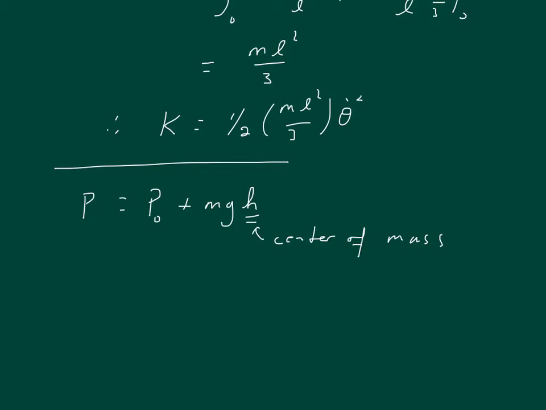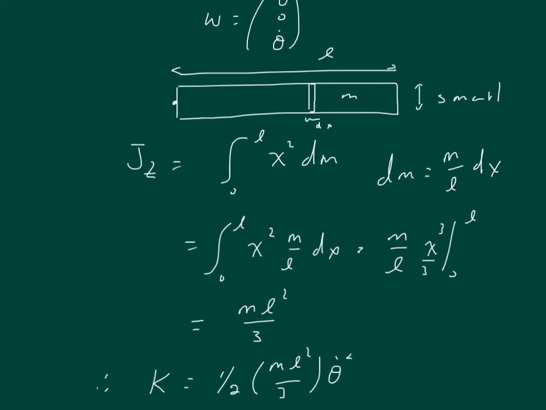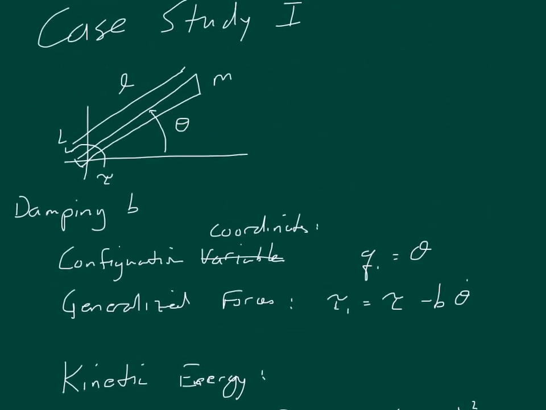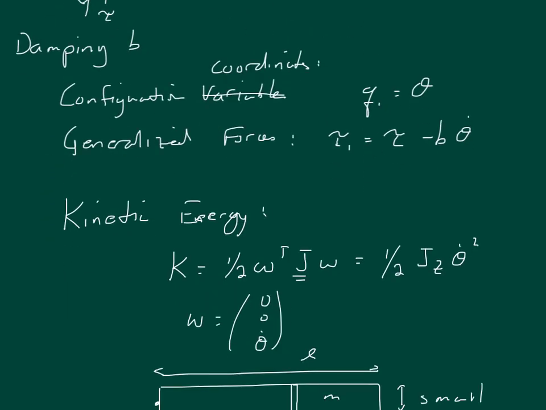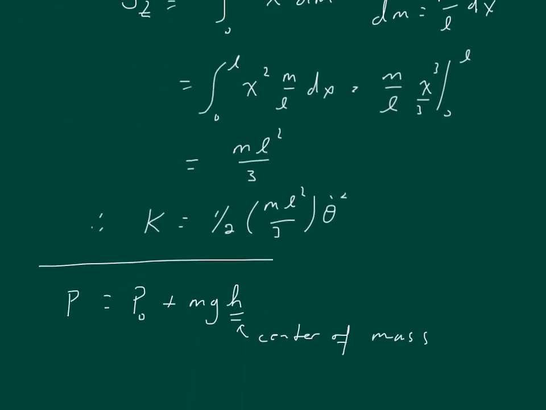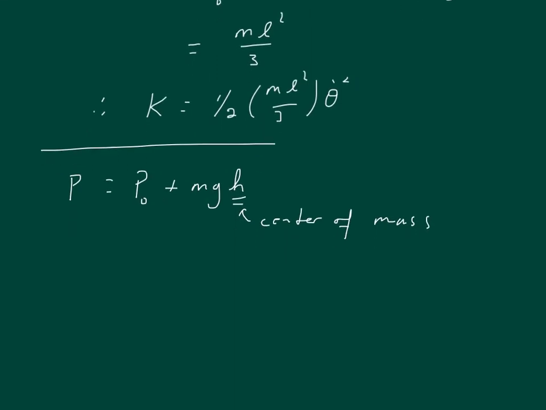And if we go back and look at our little figure here, the height of the center of mass is going to be L over 2, so the center of mass is at the center here, times the sine of theta. So the total potential energy then is equal to P0 plus mg L over 2 sine of theta.